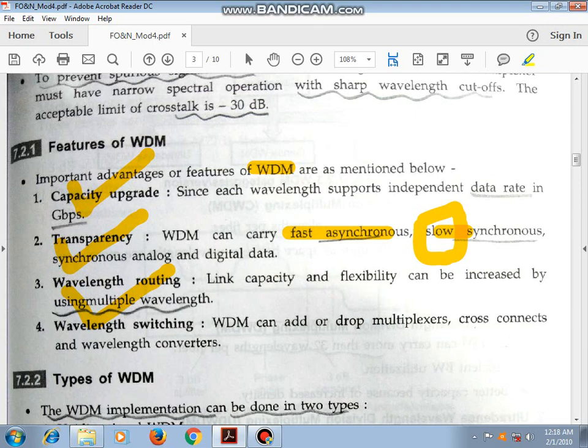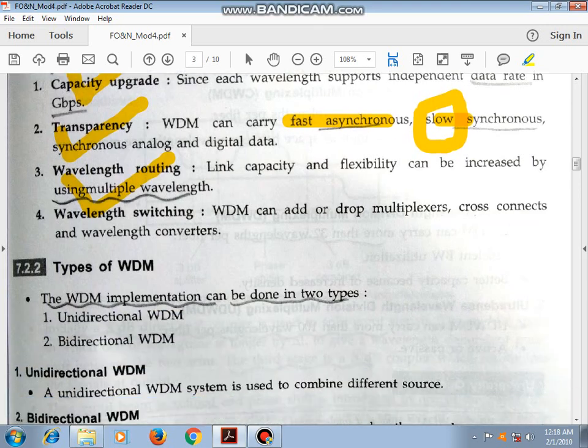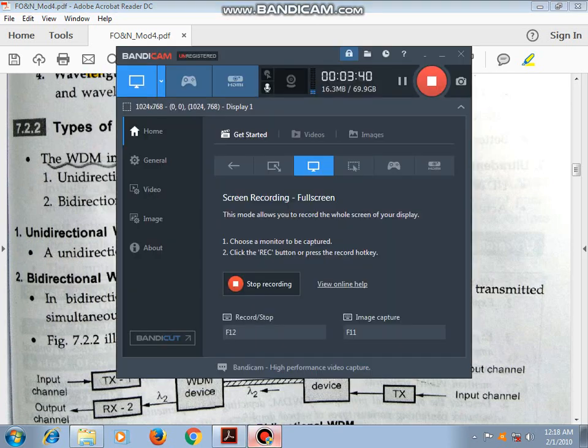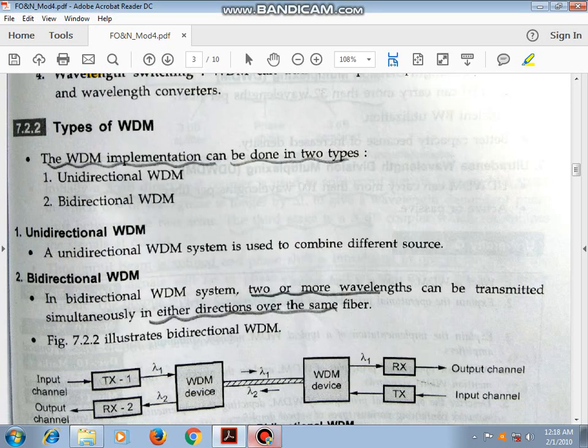Next we have the types of WDM. We have mainly 2 types. What are these 2 types? First one is unidirectional WDM. Next is bidirectional WDM.